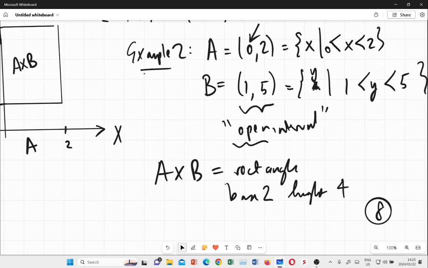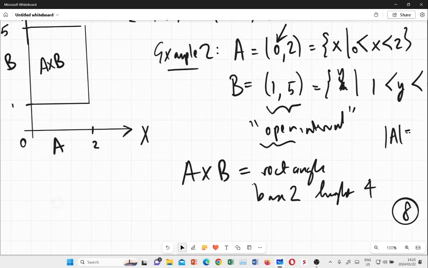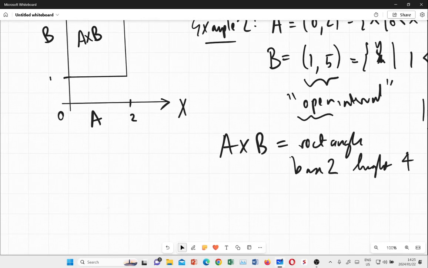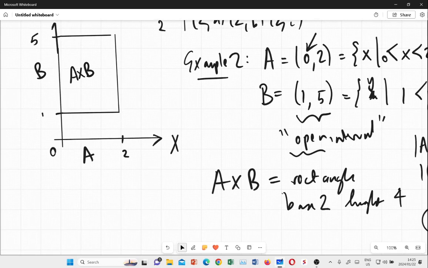Notice that the length of A, or the width, is actually 2, and the length of B is going to give you 4. And the area actually turns out to measure the size of your Cartesian product. So this is the Cartesian product of two open intervals, so two sticks.